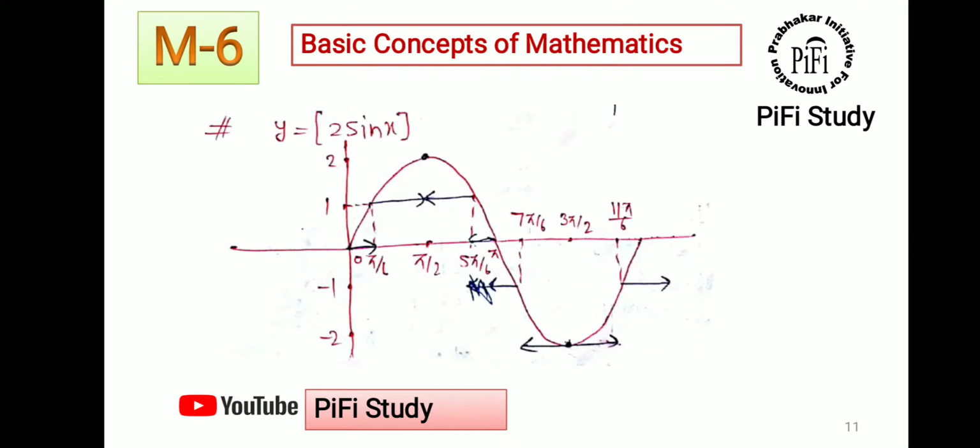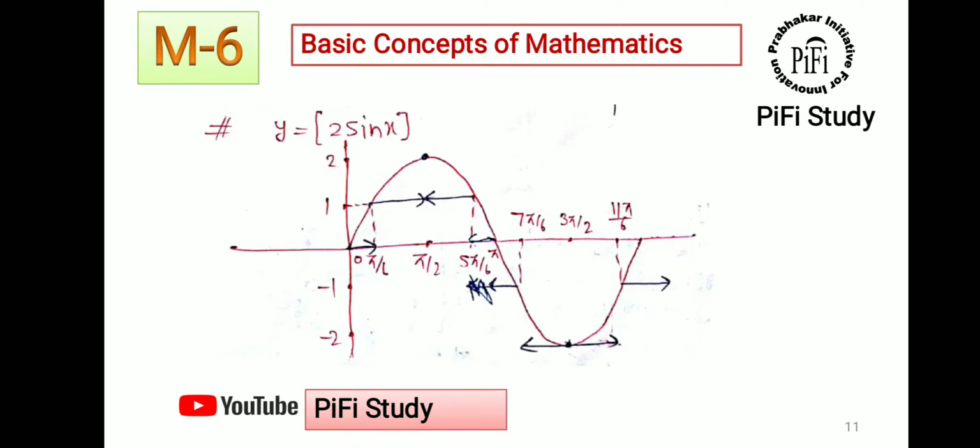So like if you have to plot, if you see at x is equal to 7 pi by 6, at 7 pi by 6 you will put y is equal to 2 sin 7 pi by 6, then you will get the value -1. So just calculate at which point you are getting minus or plus 1 or minus or plus 2.